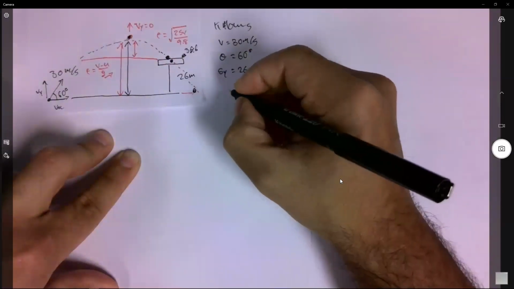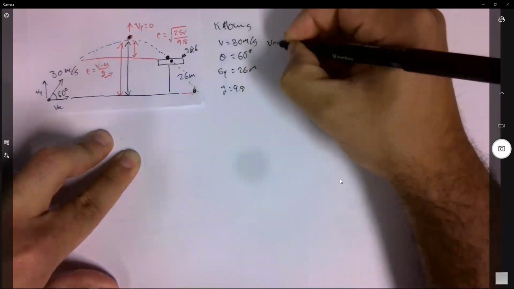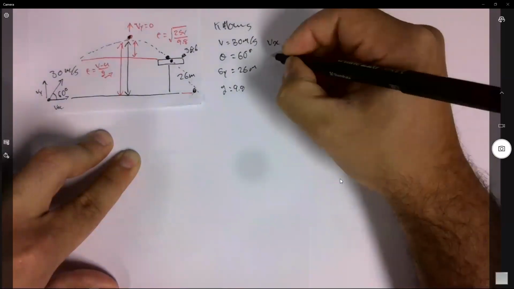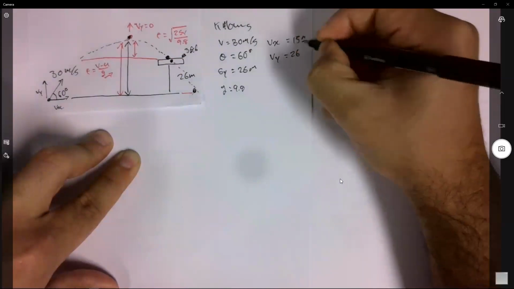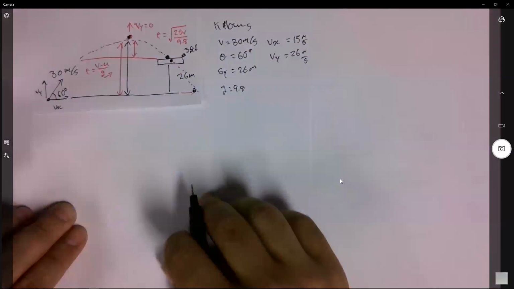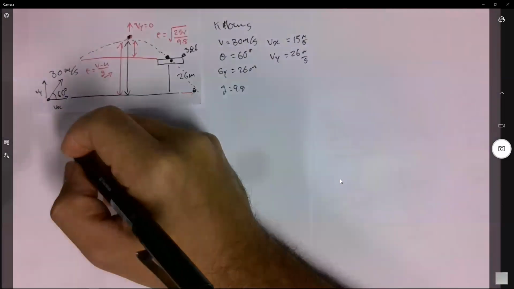All right. We know gravity is equal to 9.8. We calculated our horizontal component to be 15, which was the cosine component. Vertical component ended up being 26 meters per second, and we found it out using our sine component. Okay. So it looks like this.